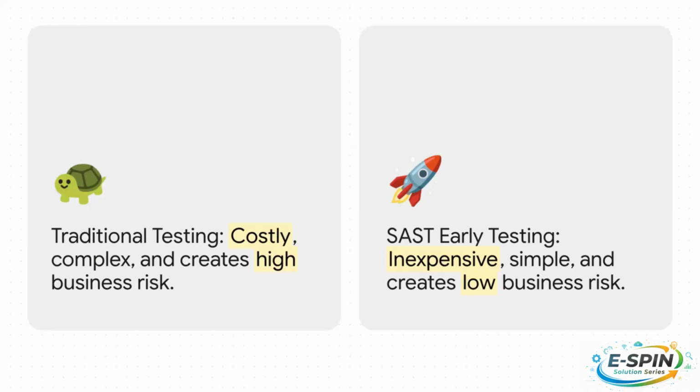And wow, the difference is just stark. The old way, the traditional approach, meant you found flaws late in the game. And by then, they're incredibly expensive and super complex to fix, creating huge business risks. But with SAST, you find them early, they're way simpler and cheaper to fix, the risk is minimal, and this is key, the whole process gets integrated right into the developer's normal, everyday workflow.